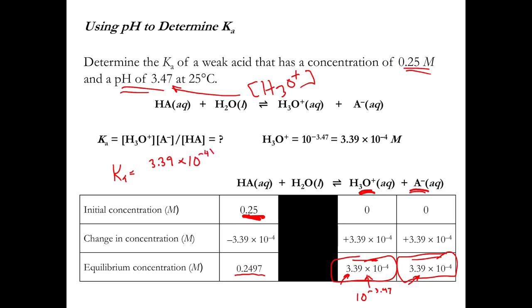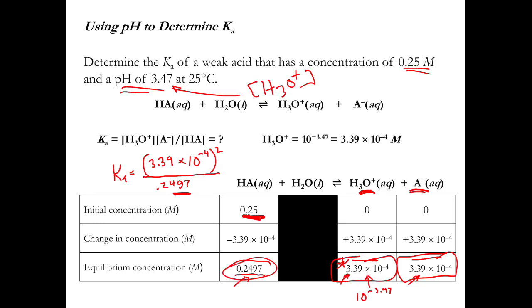So our Ka should be equal to 3.39 times 10 to the minus 4 squared divided by 0.2497. Now note that I did subtract my x value from my starting concentration here. If you just substituted 0.25 into the denominator there, you're going to get the same value for Ka. It's not significantly different because of the small x approximation.